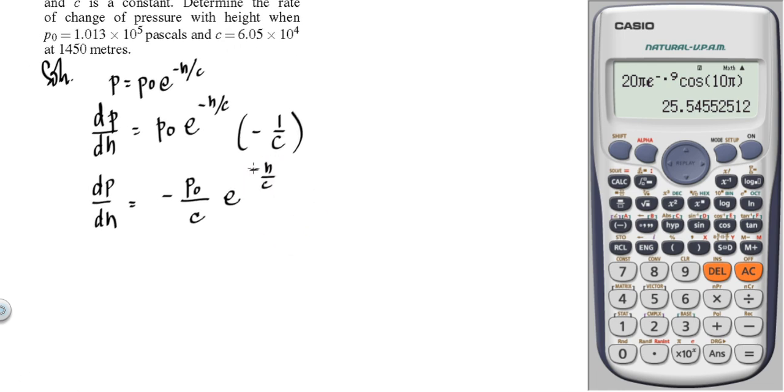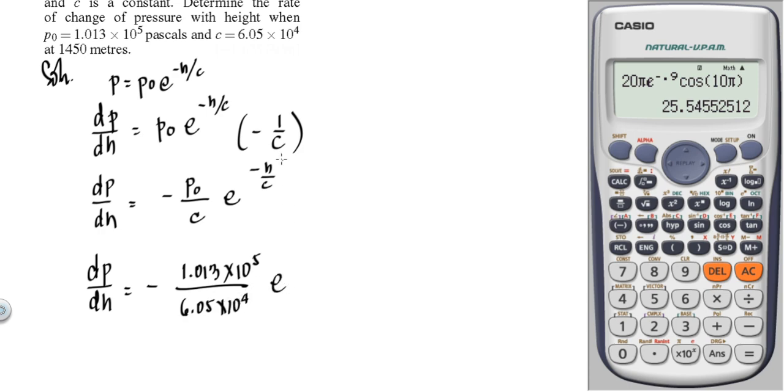Sige. So, lagay lang natin yung mga given values, no? So we have dP over dH is equal to minus P sub O, which is 1.013 times 10 raised to 5, and C is 6.05 times 10 to positive 4. There.